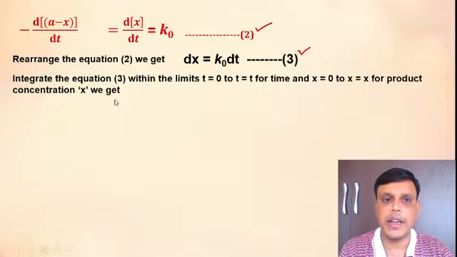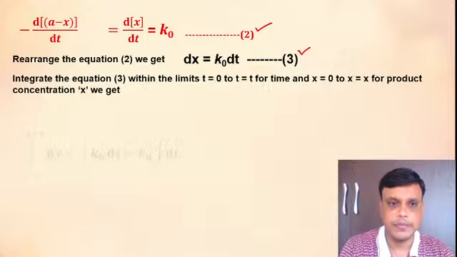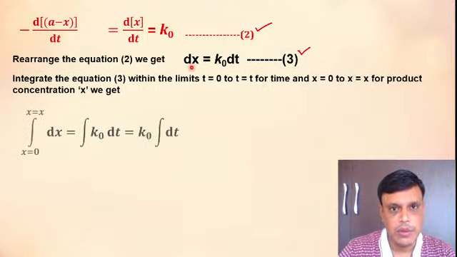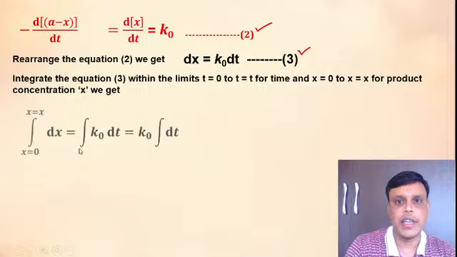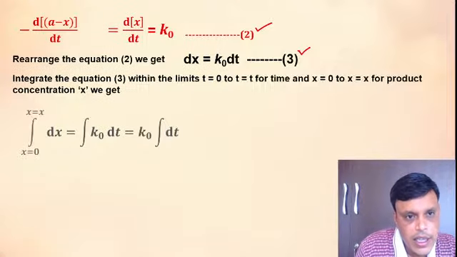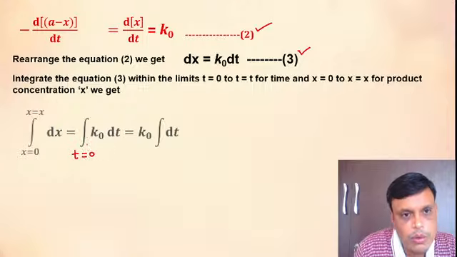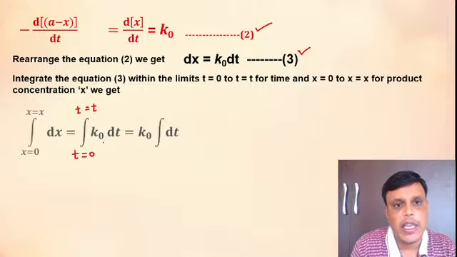After integrating the equation we will get, so we will integrate this equation within the limit. Integration dx, x is equal to 0 to x is equal to x, equals integration with respect to time, so t is equal to 0 to t is equal to t, k0 into dt.